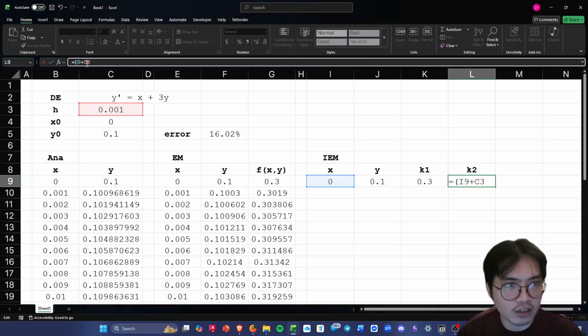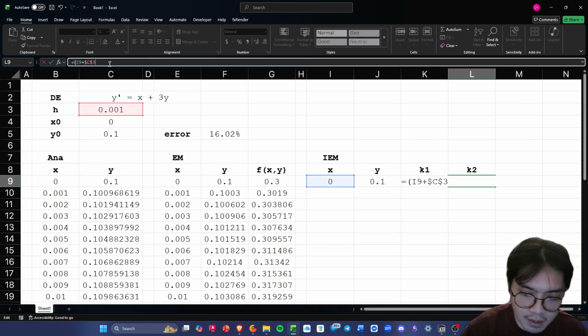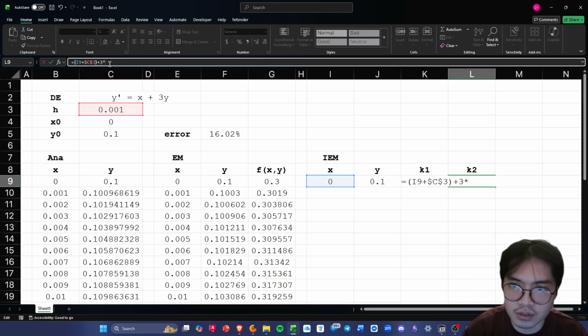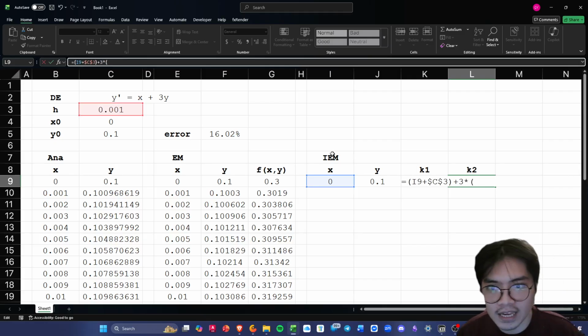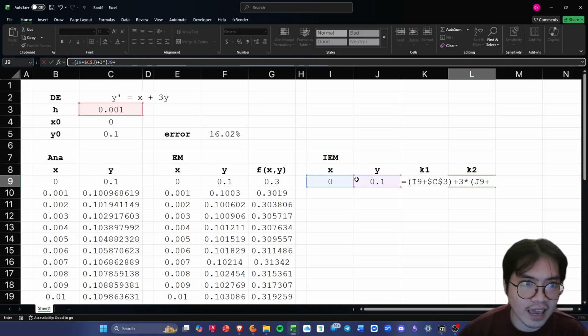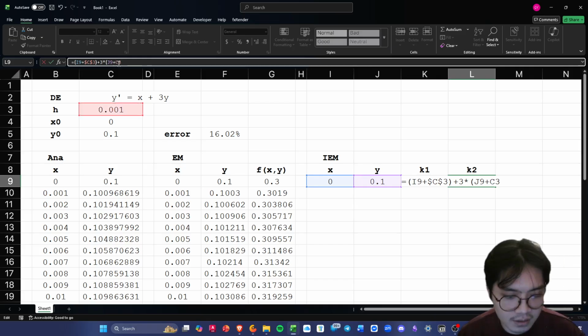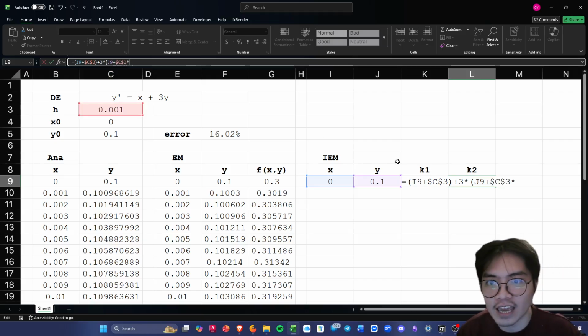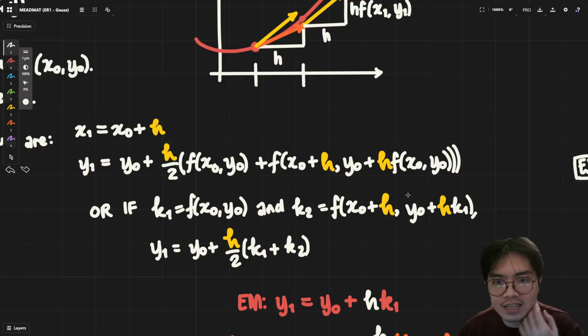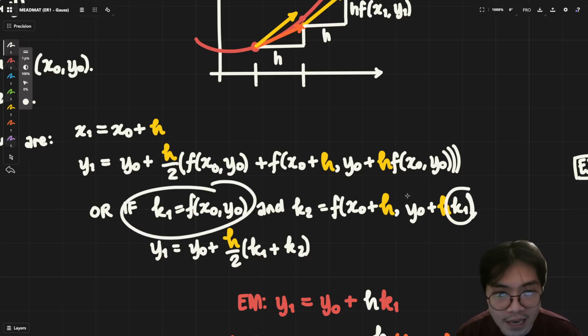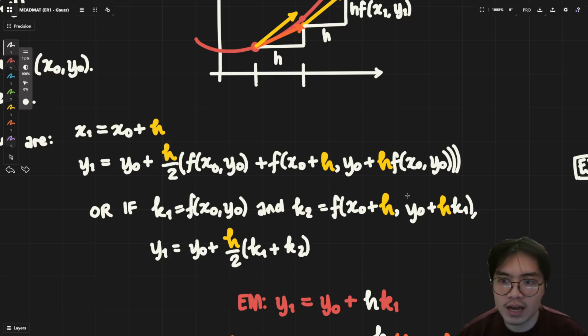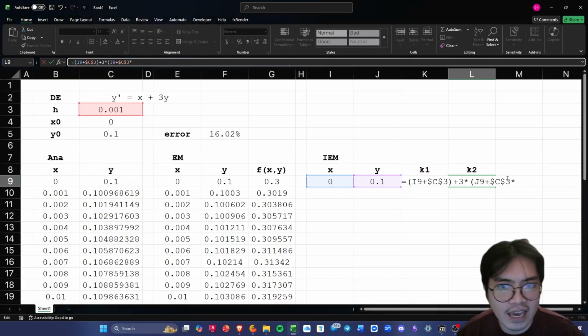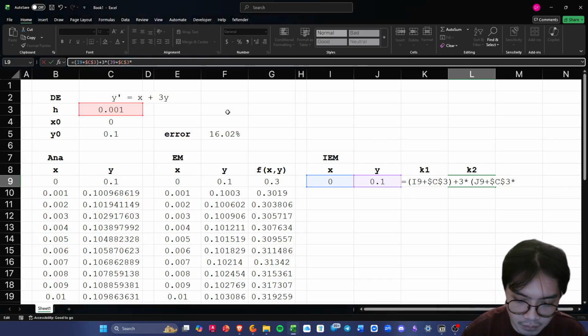This value of h, let's lock that again, and then plus 3 times your value of y plus h, again let's lock that, times the value of k1. So now you see that it incorporates the information from k1 into k2. And your k1 is k9, I think.